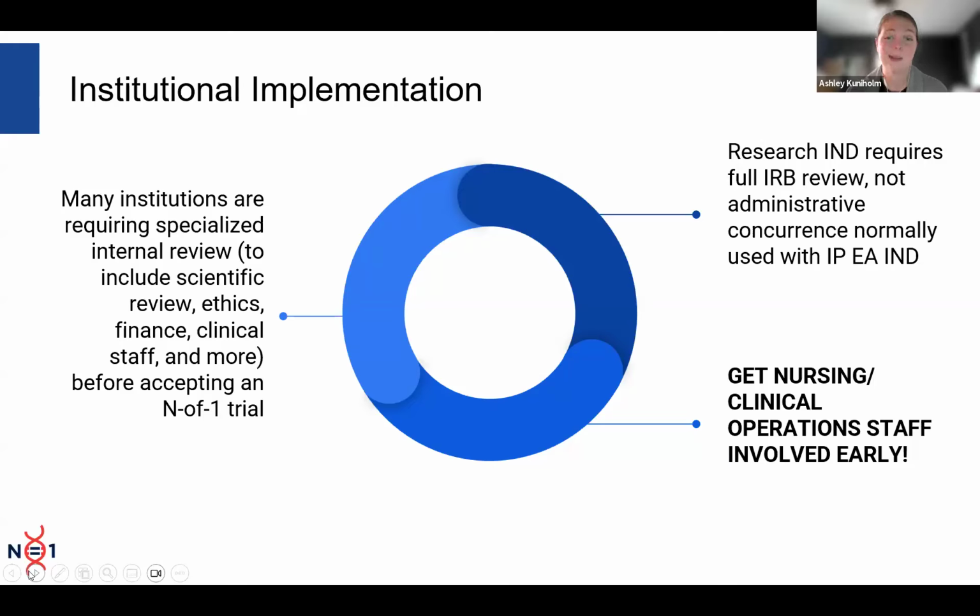So when you get these people on your side early, they're able to figure this out. And a lot of times this interfaces with patient care, and sometimes those people aren't as familiar with research. So there's a lot of people learning to do new things. So it's always really important, especially for patient safety, that we're getting these people involved early.